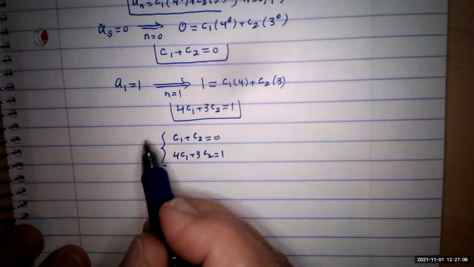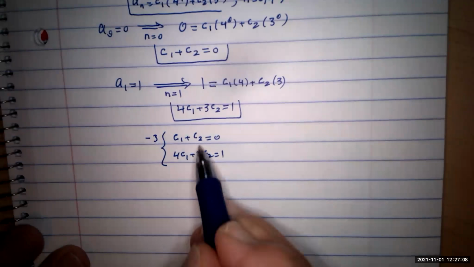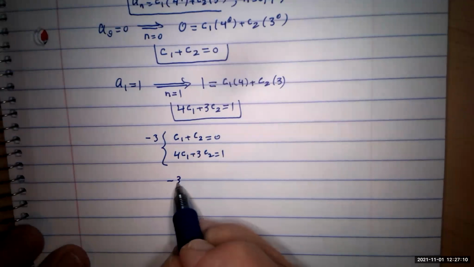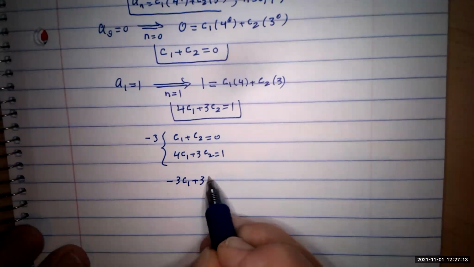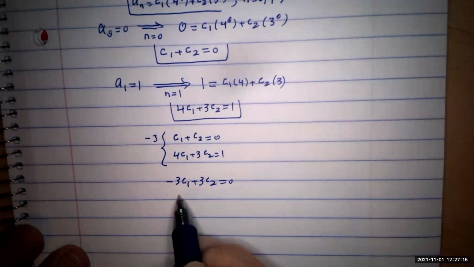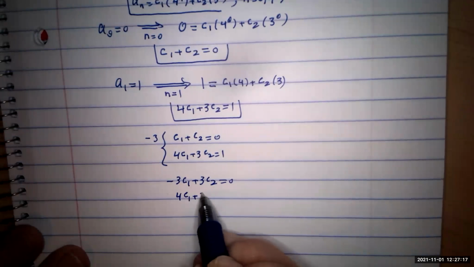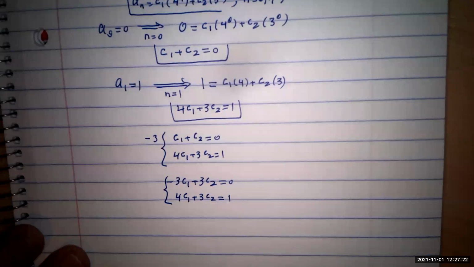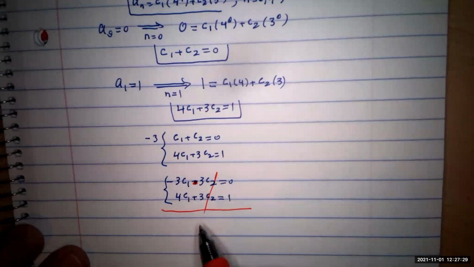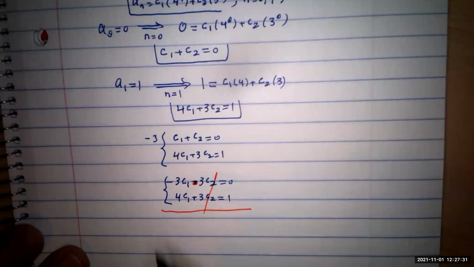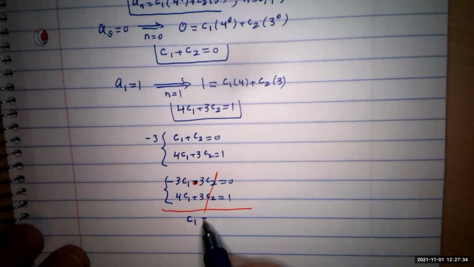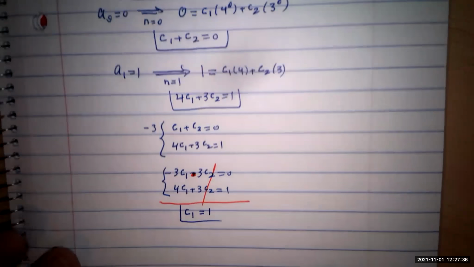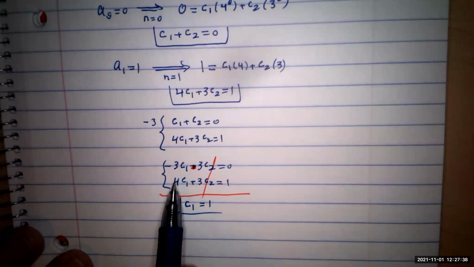So I multiply this one by negative 3 to eliminate C2. Negative 3C1 minus 3C2 equals 0, and 4C1 plus 3C2 equals 1. Add. These two would cancel out. So that gives you C1 equal to 1.